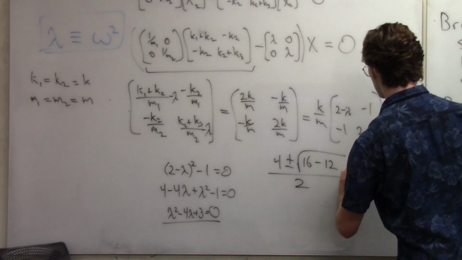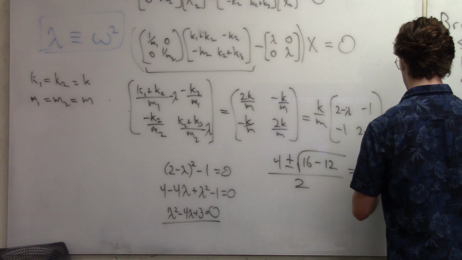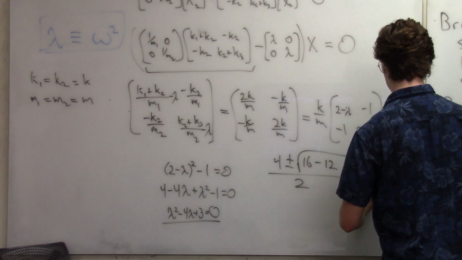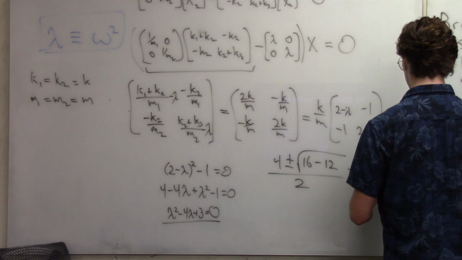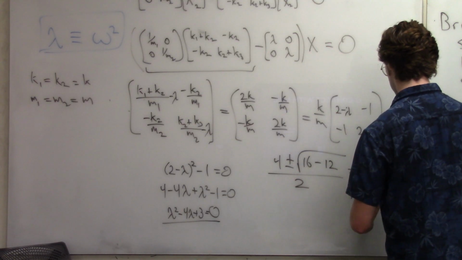So when we do this, it's going to be 2 plus or minus 1/2 of 2, which is going to be 1. So therefore, our eigenvalues are equal to 1 and 3.